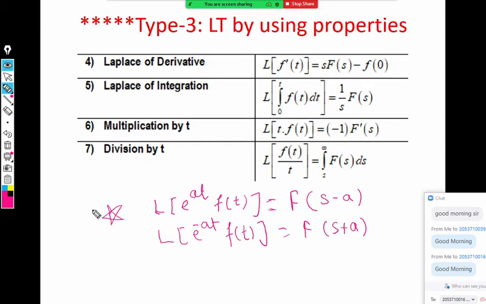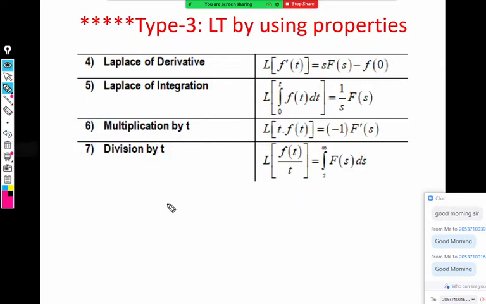Now today we are going to focus only on two properties, number 6 and 7, known as the multiplication by t property and the division by t property. Suppose the Laplace of f of t is capital F of s. If we know the Laplace of that f of t function, then Laplace of t into f of t we can get directly, and it is minus F dash of s.